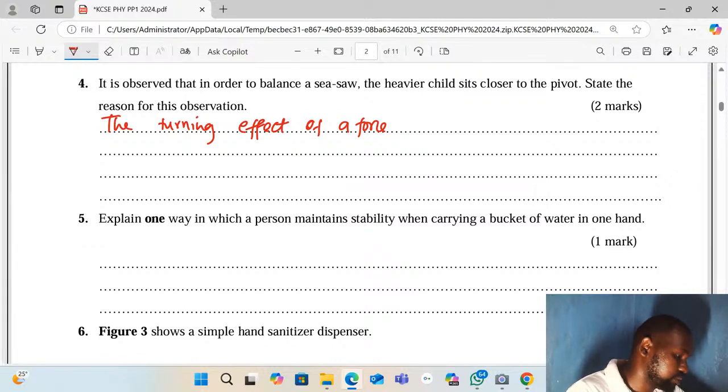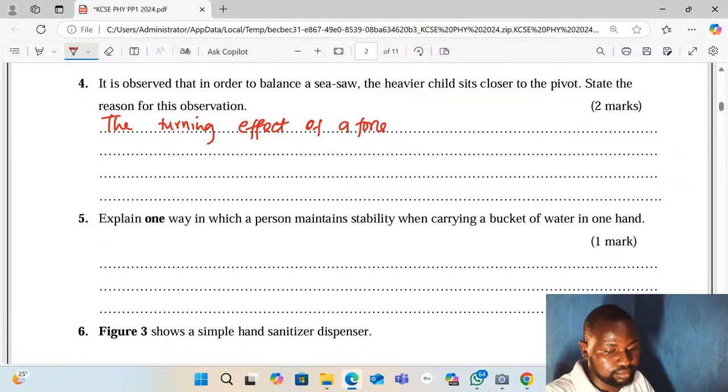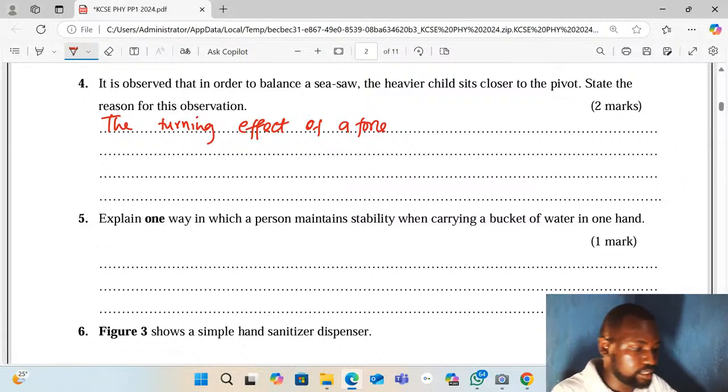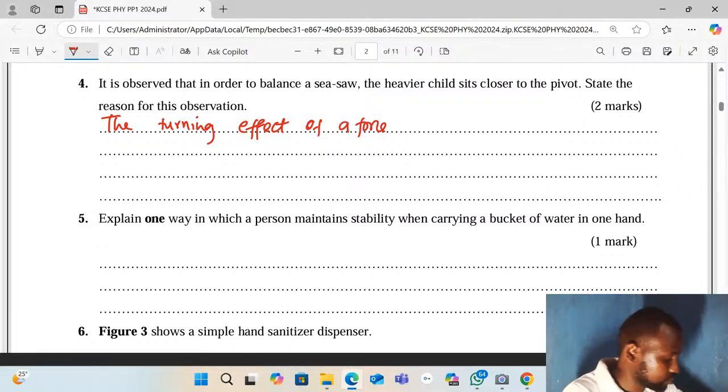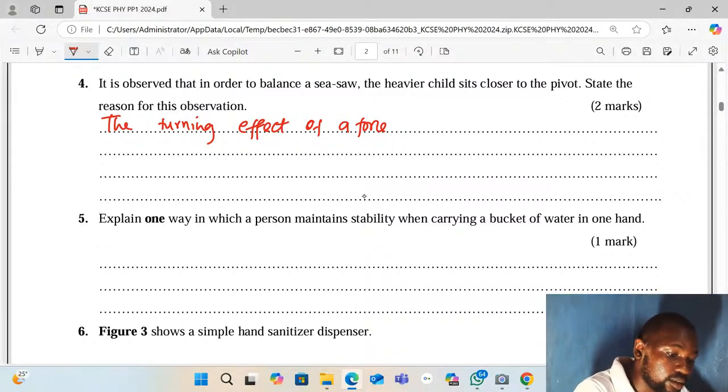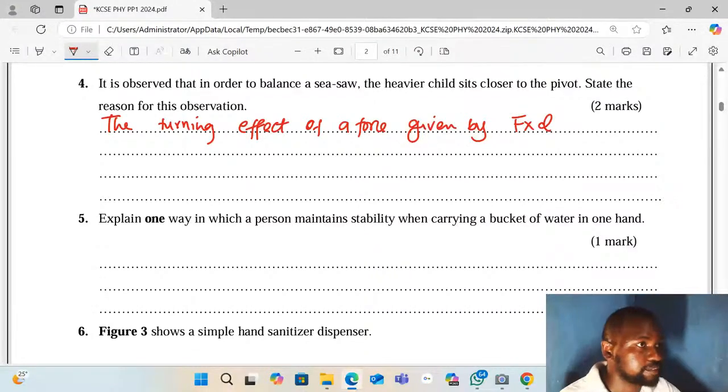Therefore, we'll say that the turning effect of a force is given by force times the perpendicular distance from the pivot.